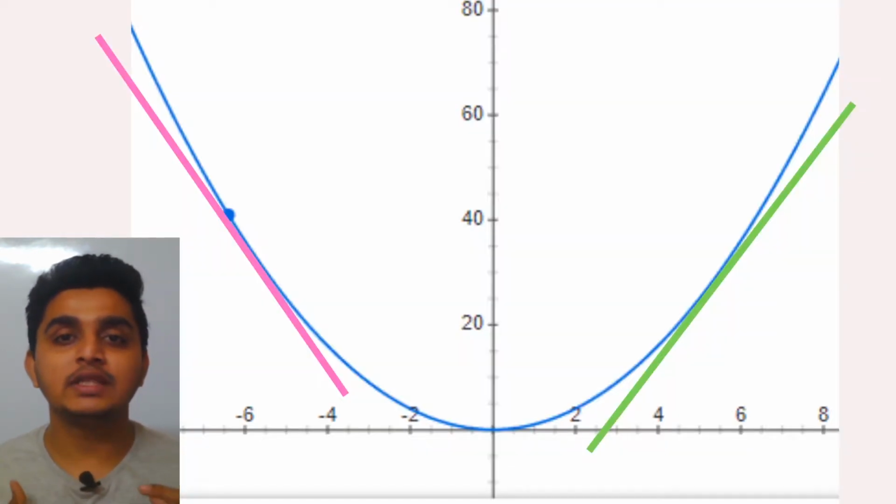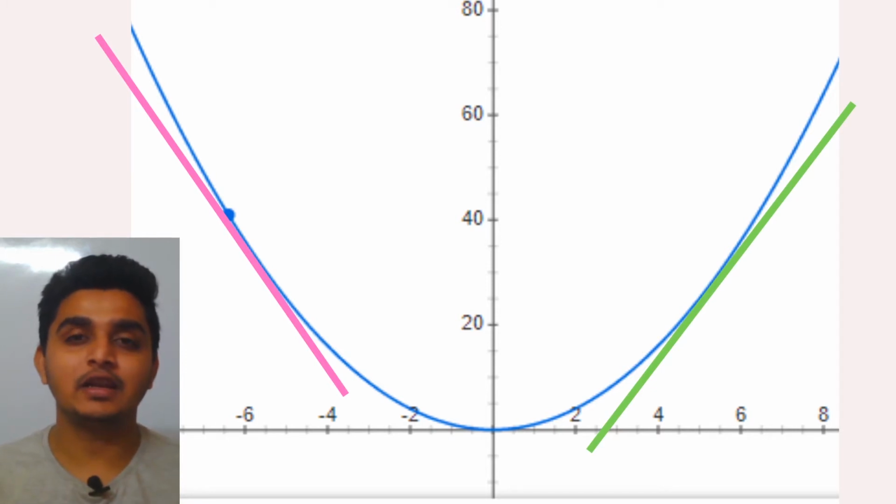So if we look at this graph, we can see that there are two tangents, okay? One is to the right of 0, one is to the left of 0. On the left of 0 there is a pink tangent at a point, and that side is decreasing, right? And on the right side there is a green tangent which is increasing.